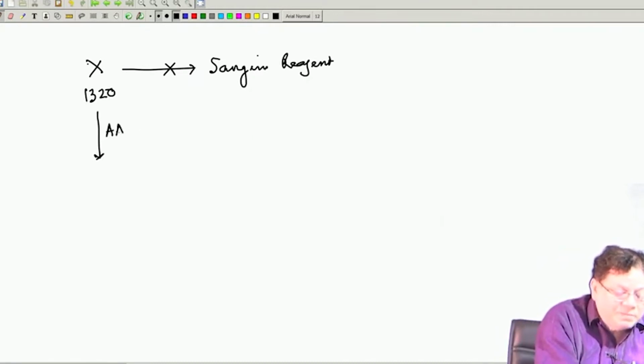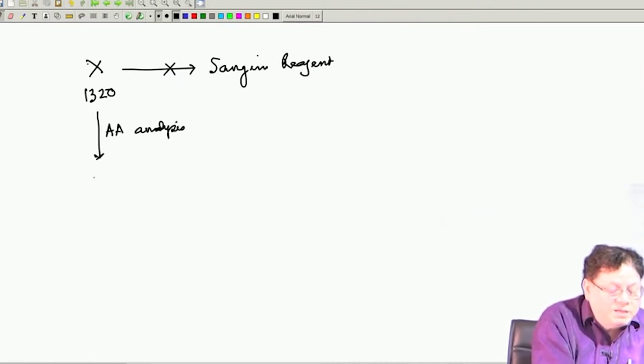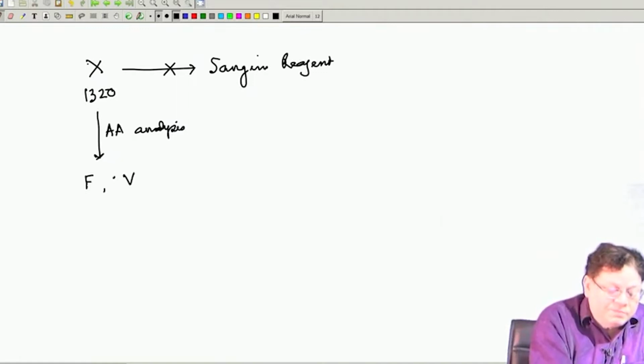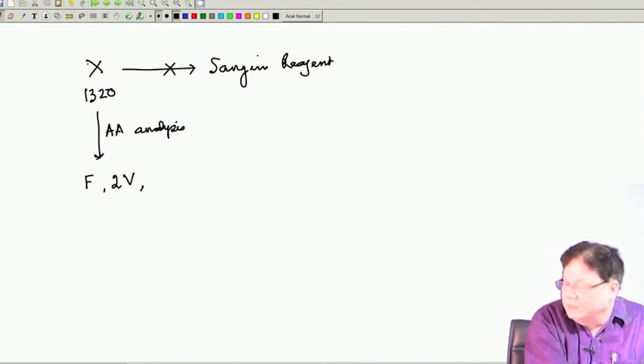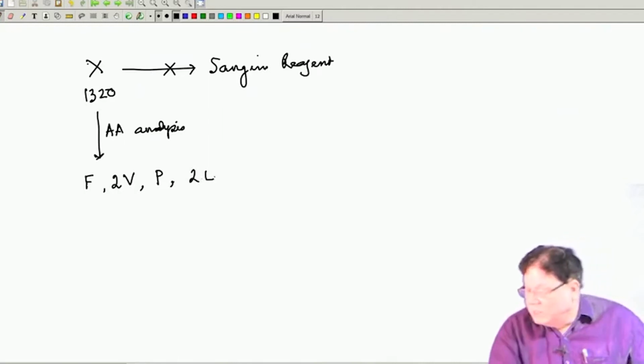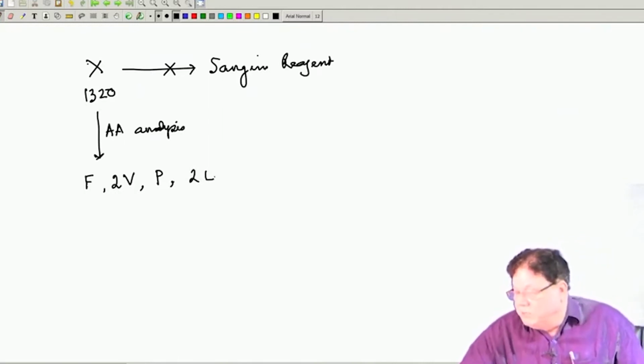There is one phenylalanine, F. Now, we can write the one letter code: there are two valines, there is one proline, and there are two lysines.